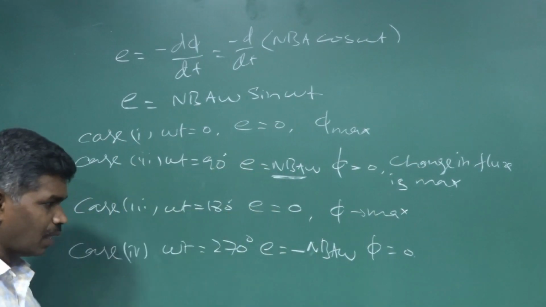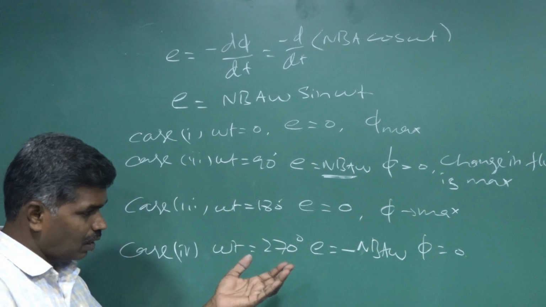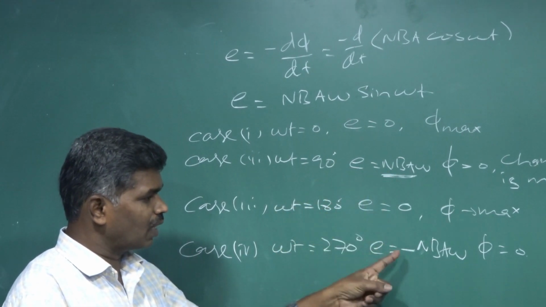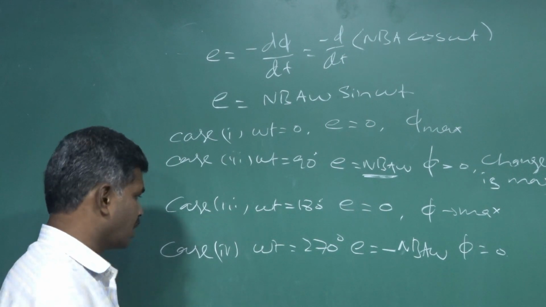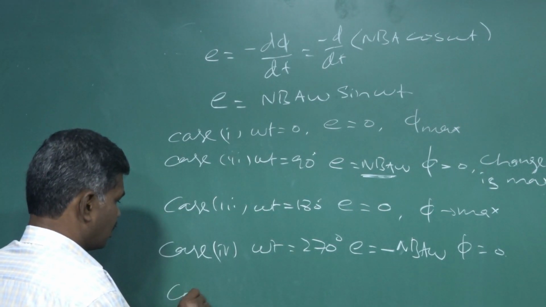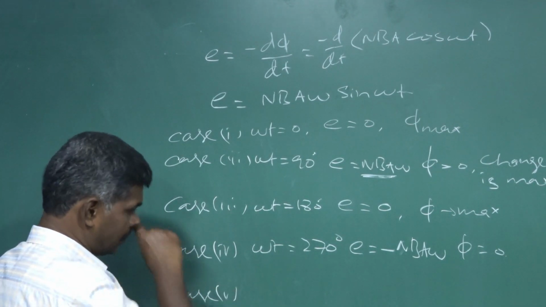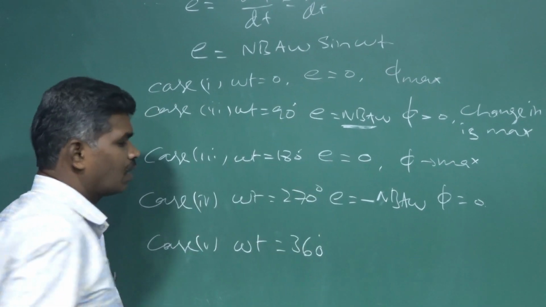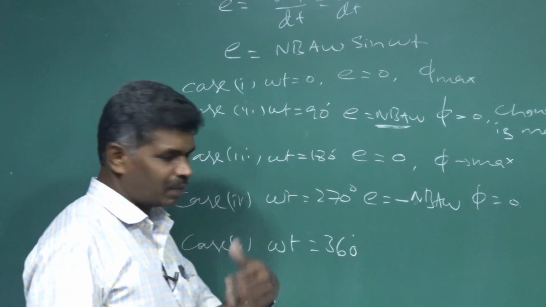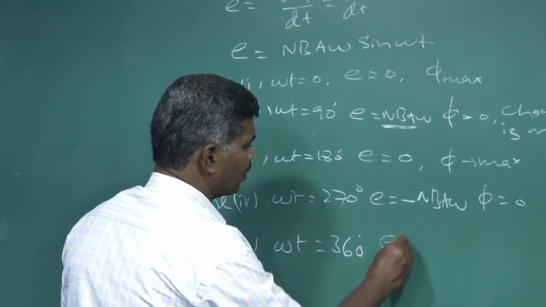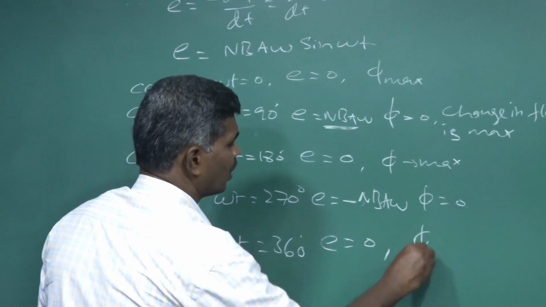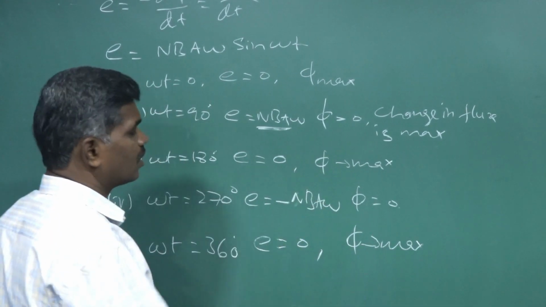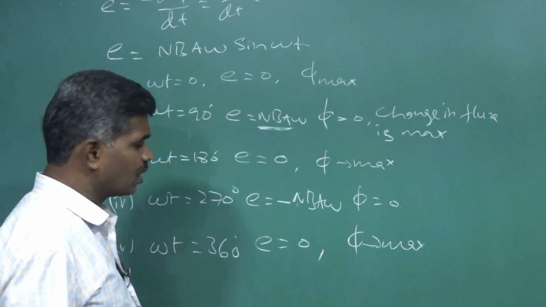The EMF induced is maximum but in the opposite direction, because positive is NBAω, negative is minus NBAω. Then case 5 we can take, where the angular rotation ωt is 360 degrees. Sin 360 is taken as sin 0. EMF induced is 0, but the flux linked may be maximum. Change in flux is 0.